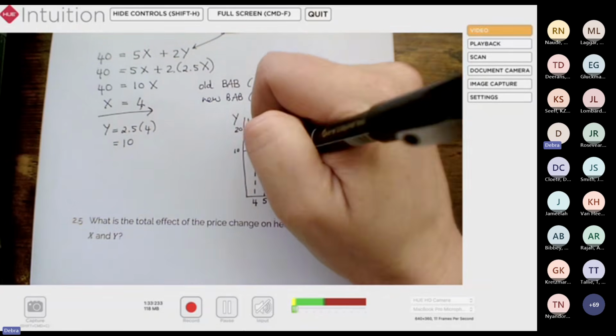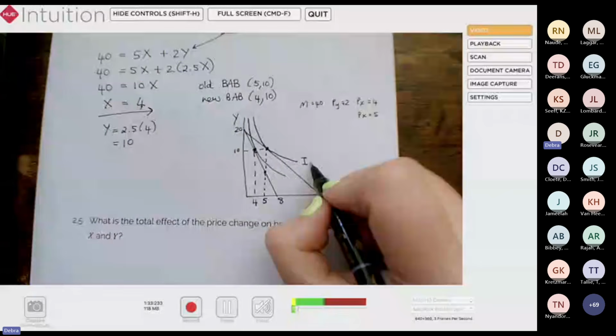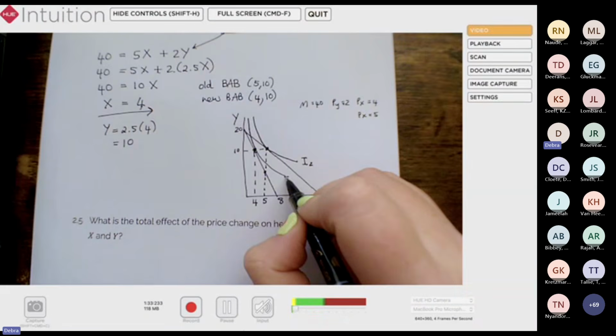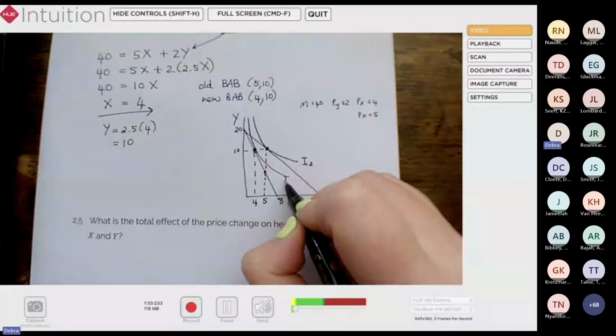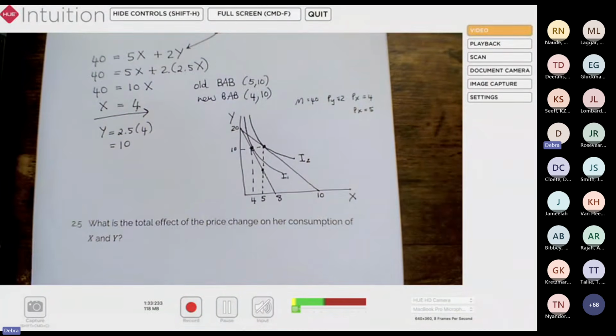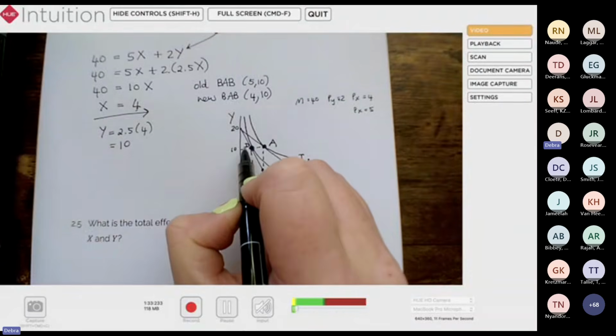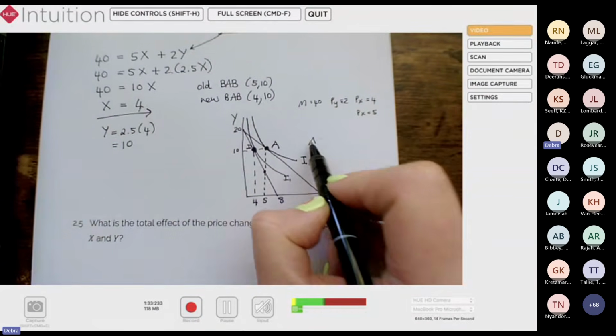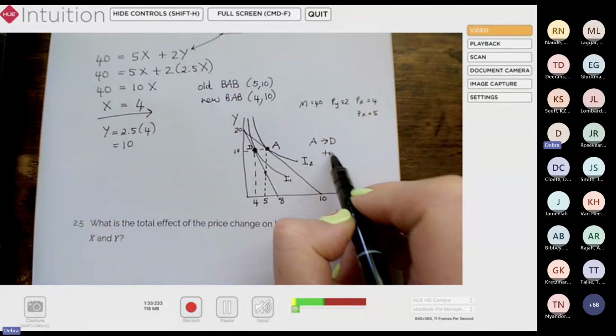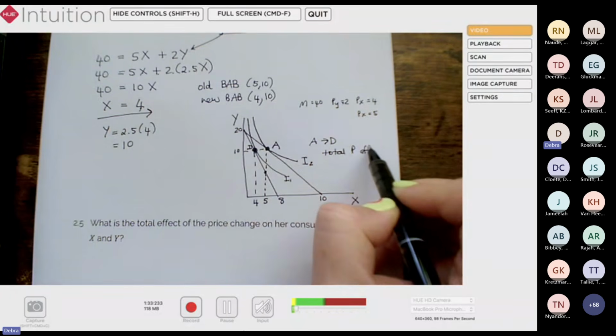So the change has taken me to a bundle like this. Okay, so the movement from here to here, I'm going to label this A and I'm going to label that D. The movement from A to D is my total price effect.